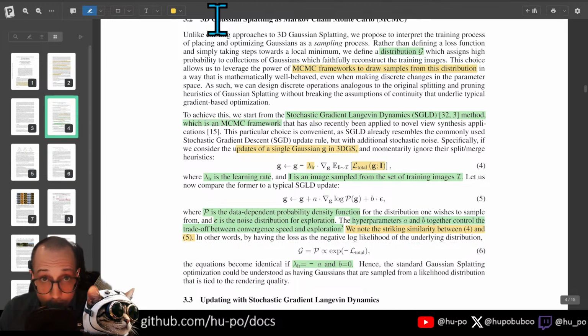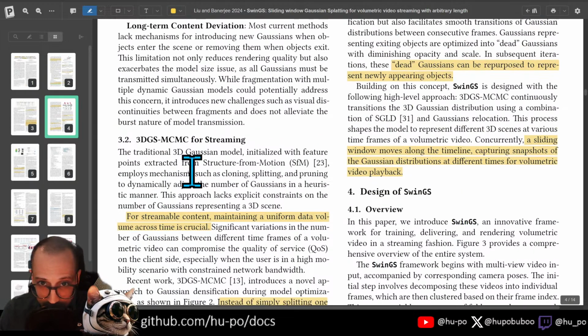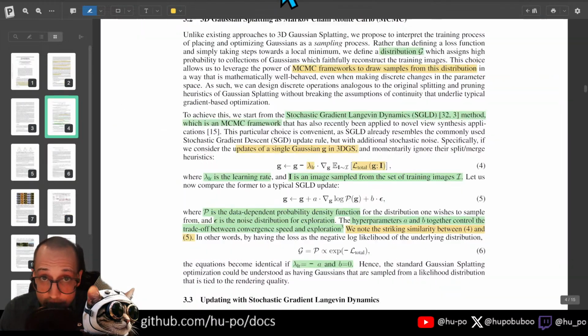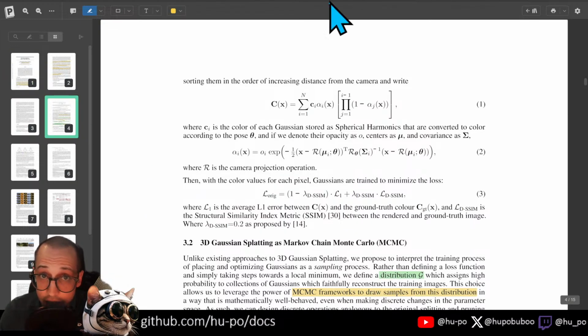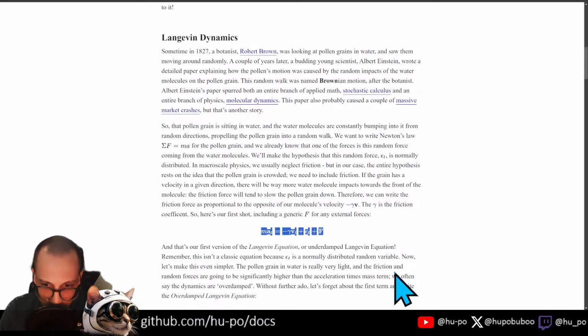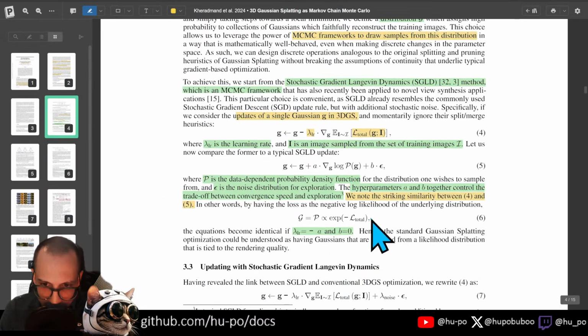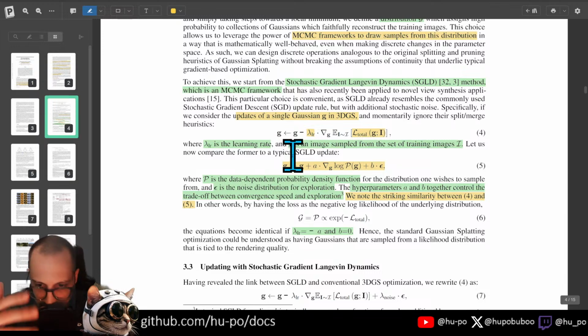So all of this 3D-GS MCMC basically comes from the fact that there was one guy, probably one of these advisors, who realized, because they probably did some work in molecular dynamics and had looked at this equation a lot, that this Gaussian equation looks very similar to what we do in molecular dynamics. And that's basically the kernel of intuition that led to this reframing of Gaussian splats as basically little molecules moving around.